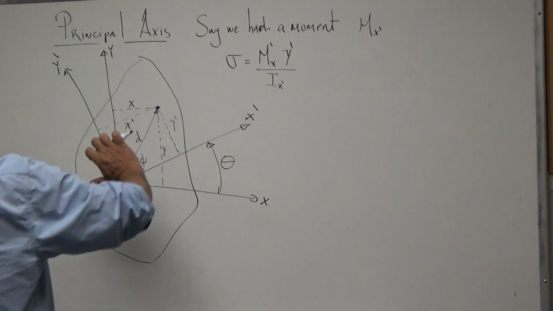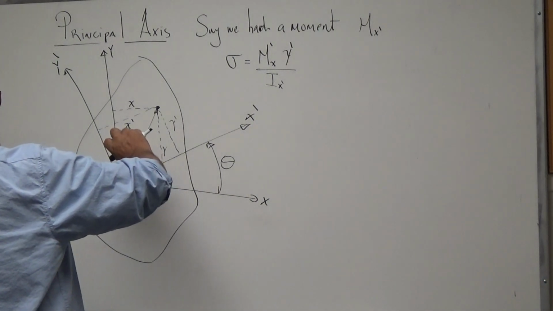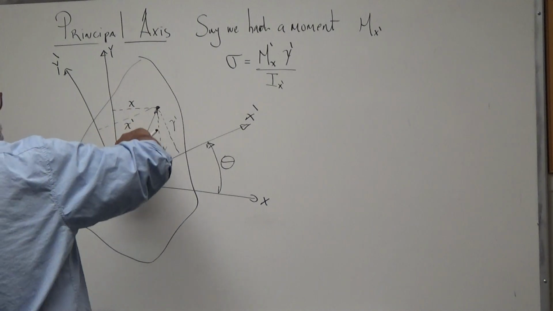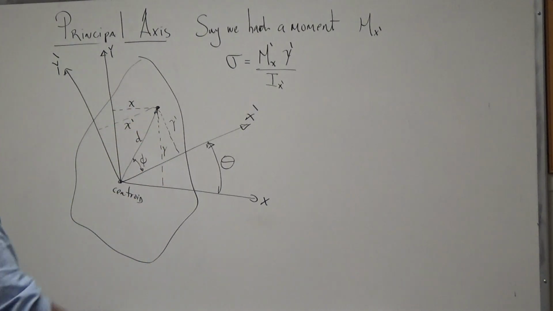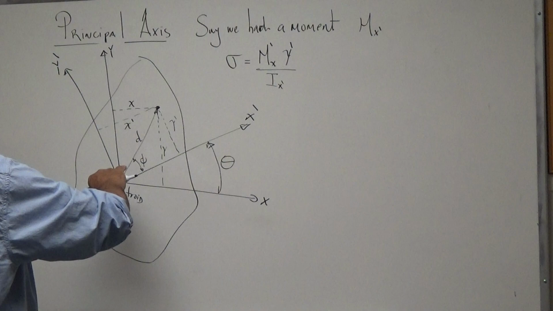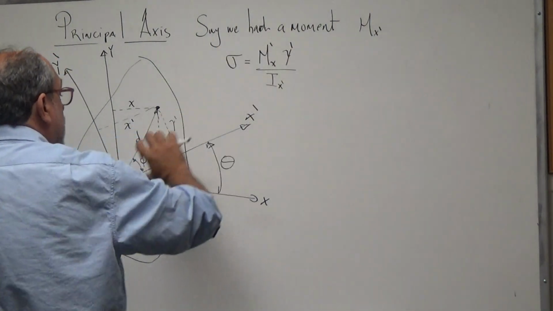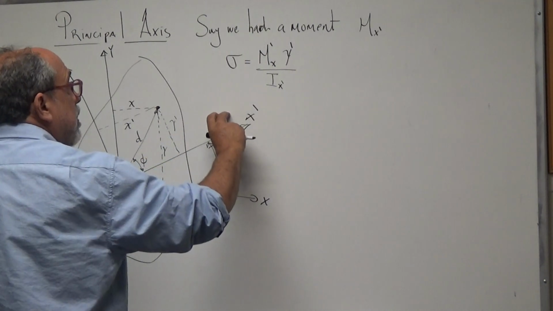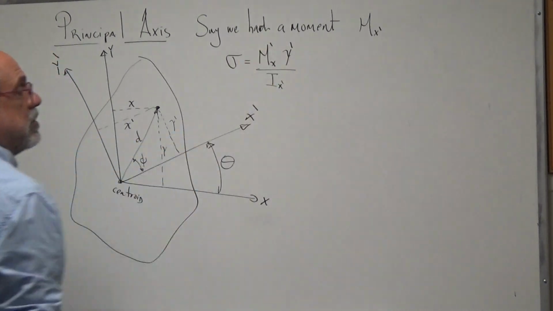When you apply a moment about it, you just get curvatures in that direction and the resistance about that axis. So we can apply this formula because the moment was about x prime. If this was not a principal axis, I would not be able to use this formula.